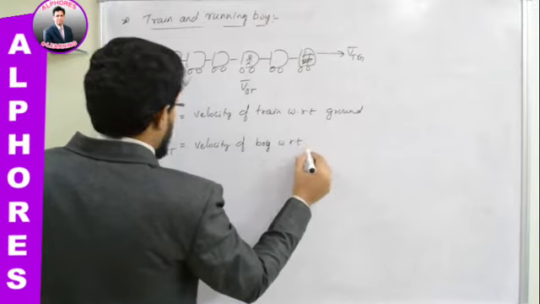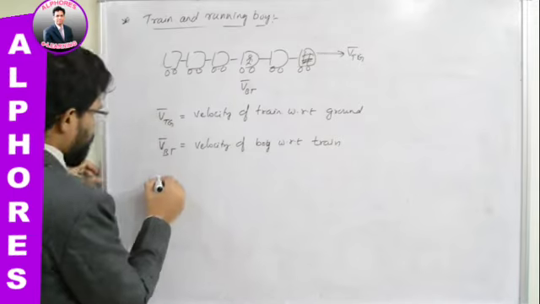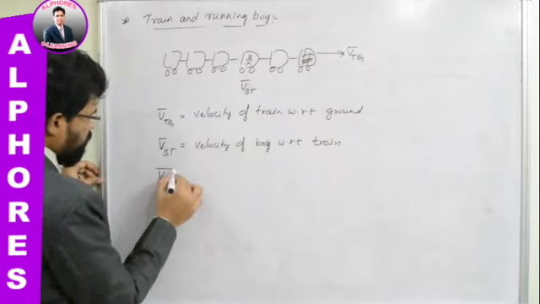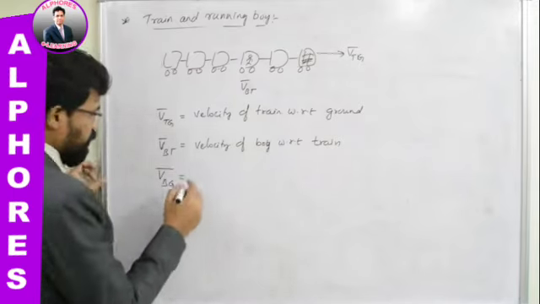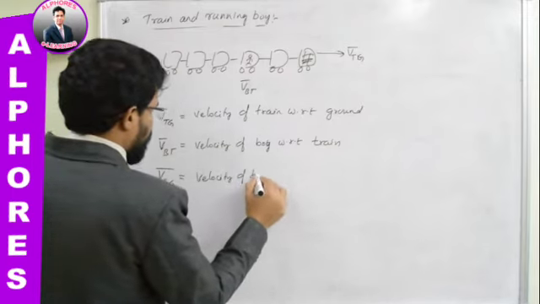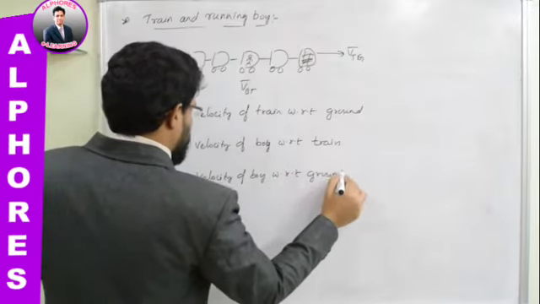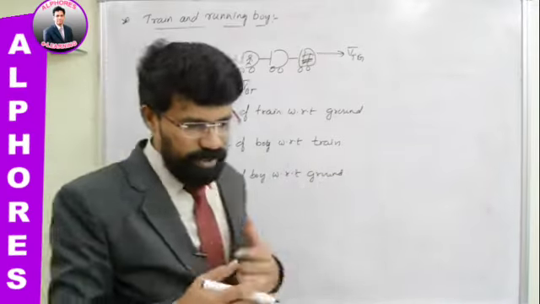And the other one is velocity of boy with respect to ground, VBG bar. So here let us try to understand the situation.